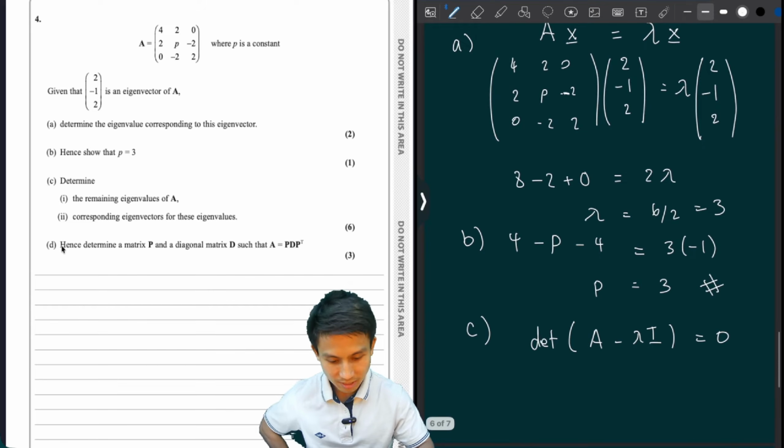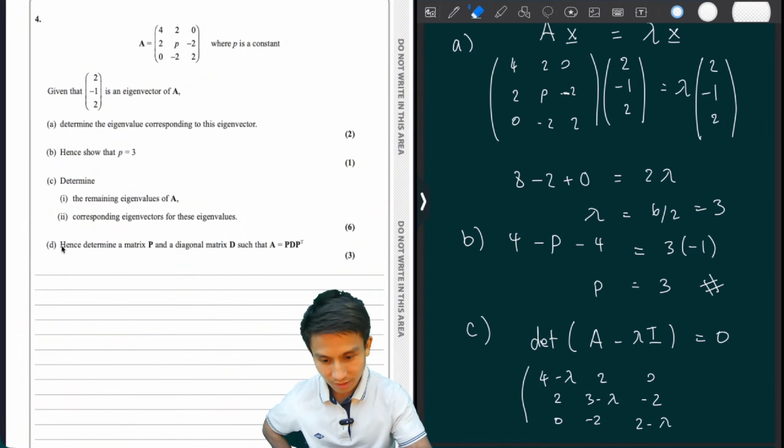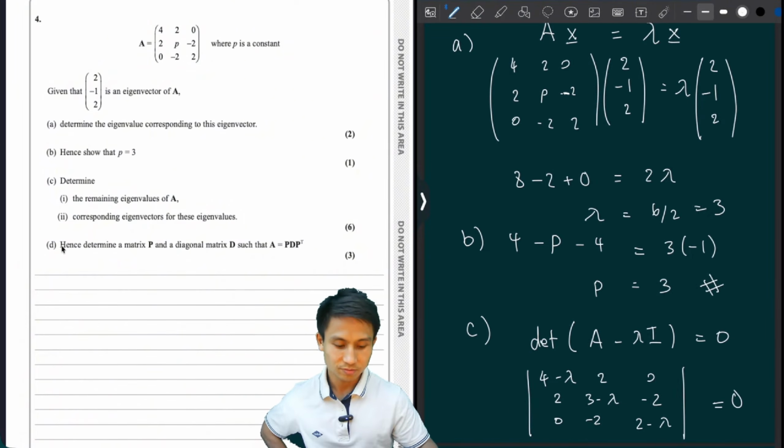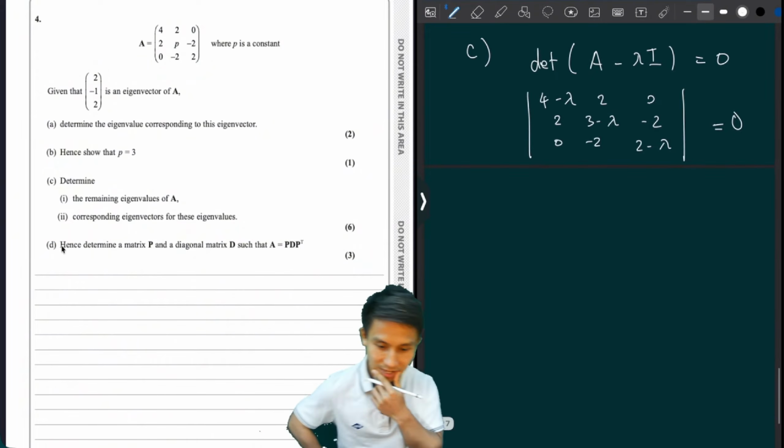So that's going to be 4 minus lambda, 2, 0, 2, 3 minus lambda (P is already 3), minus 2, and then 0, minus 2, and 2 minus lambda. We want to find the determinant of this whole thing, put it to 0, and we find the other values for lambda.